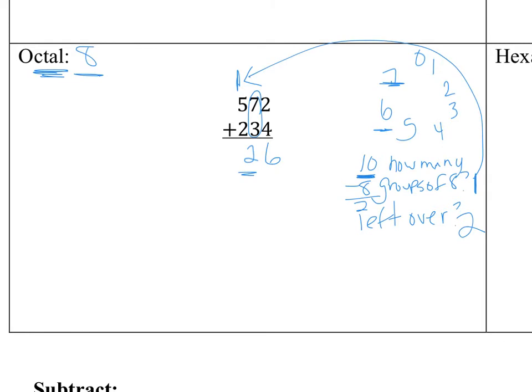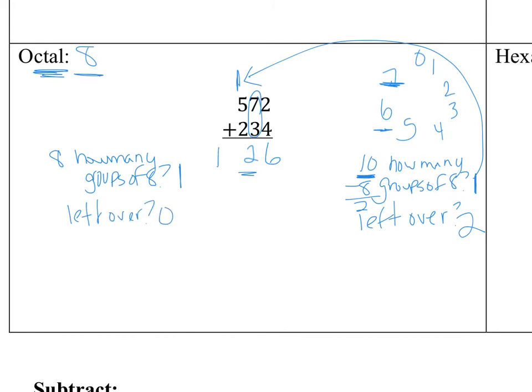Okay, so let's try it again with this one. This is 5, 6, 7, 8. So 8 is the number, it's bigger than 7, so we have extra stuff happening. So we say, how many groups of 8? Well, there's 1 group of 8. How many left over?